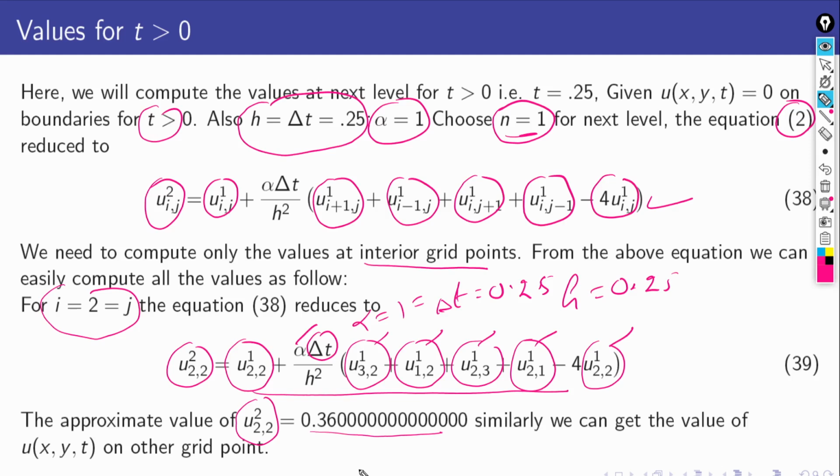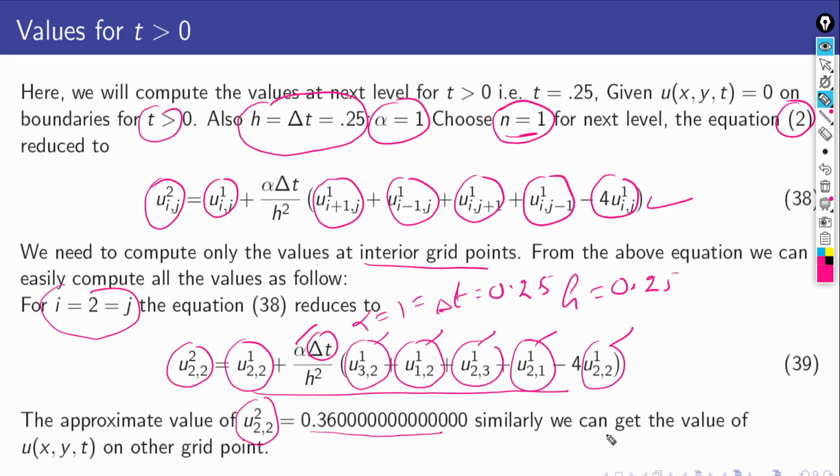Similarly, by using the same process, you can easily get the values on each grid point for u(x, y, t). But due to the lack of time, I am not doing all the values. Follow the step which I have just explained in equation number 39, and by using the same, you can get the value at every point.